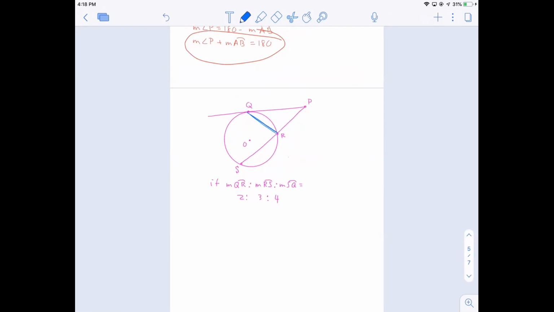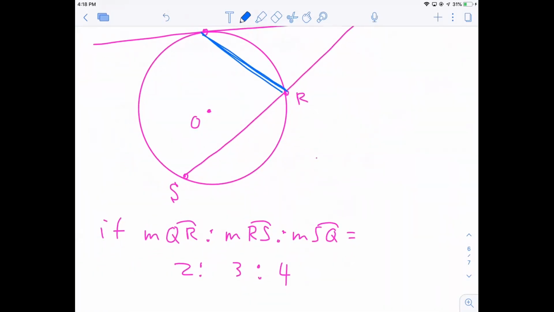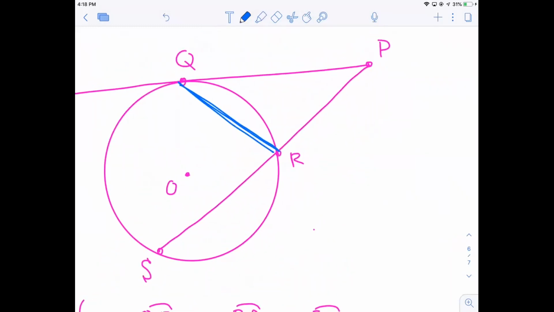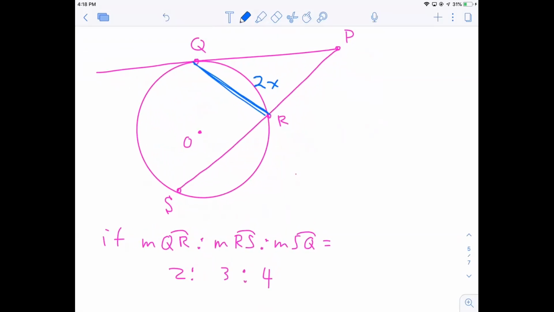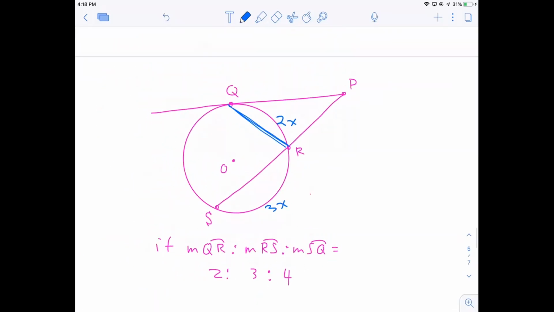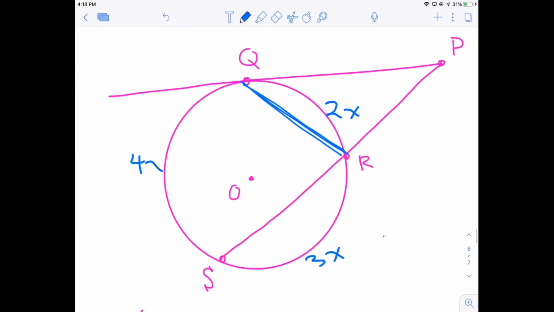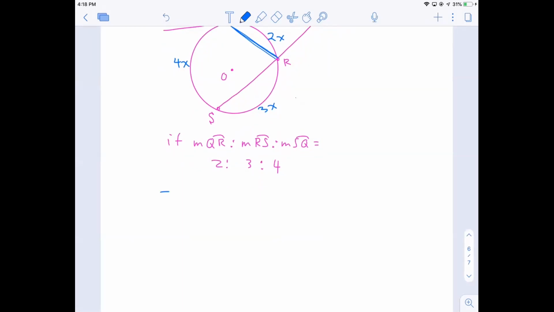So first of all, if I know the ratio is 2:3:4, well, I can set up a ratio of 2x:3x:4x. So I'm going to call QR 2x, RS 3x, and SQ 4x. Now I can solve for x by saying 2x plus 3x plus 4x.